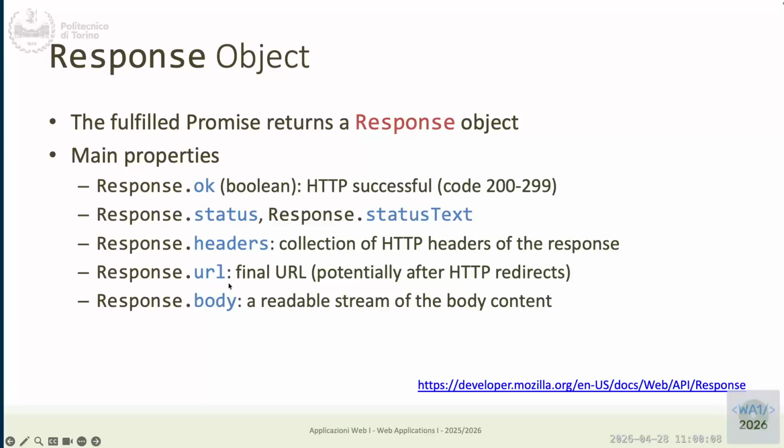We have all the headers, the URL, and especially the body that contains the response body. So remember, in Express, we have response.send or response.json that was constructing a response object and sending it back through the HTTP channel.